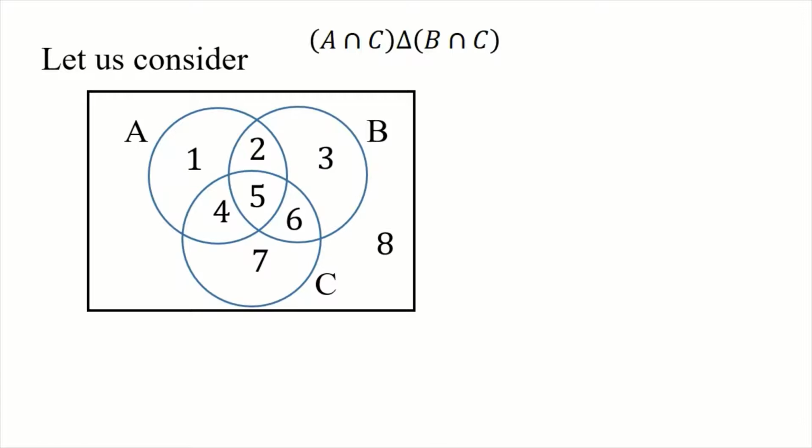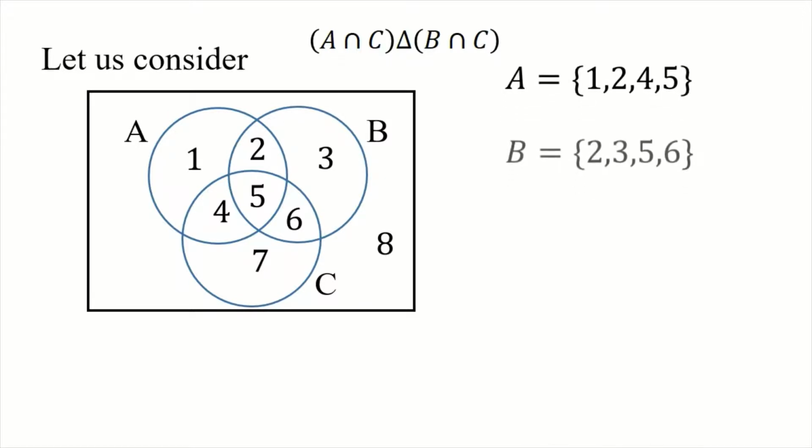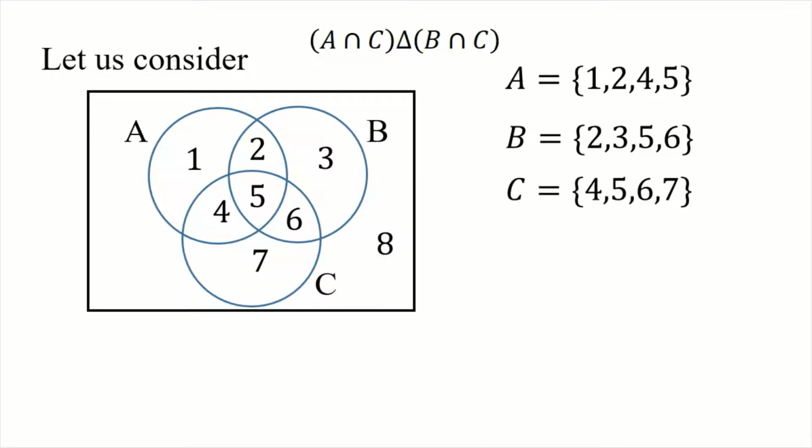We can see clearly that set A is 1, 2, 4, and 5. Set B is 2, 3, 5, and 6. Set C is 4, 5, 6, and 7.